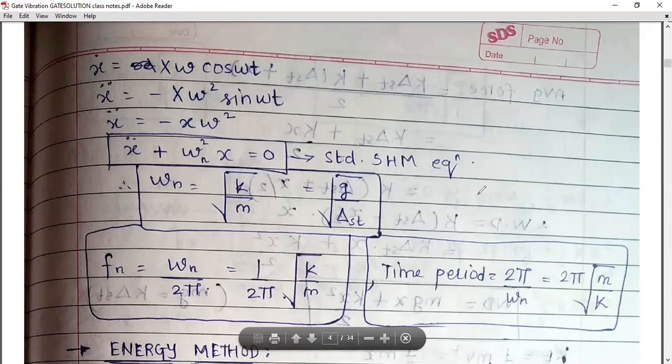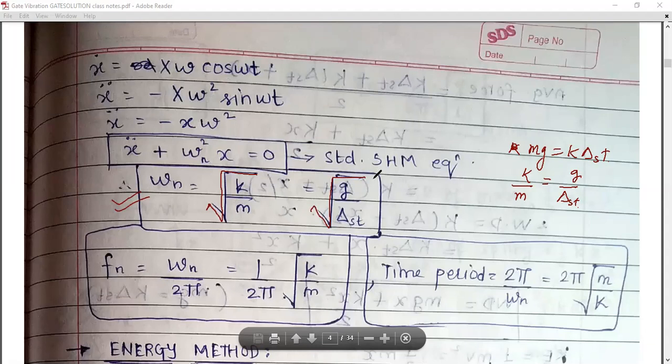We have already defined that mg is equal to k delta st. So k by m can also be written as g by delta st. So if you look at g by delta st, it means the natural frequency can be written in the form of under root k by m, and also in the form of under root g by delta st, right?